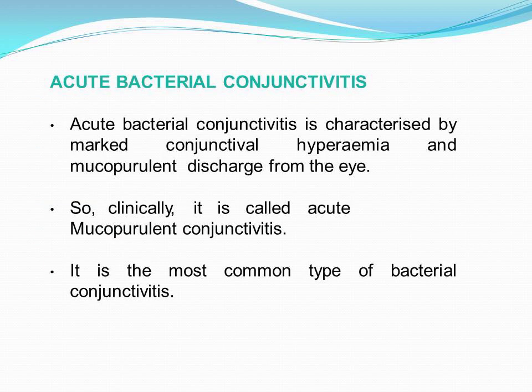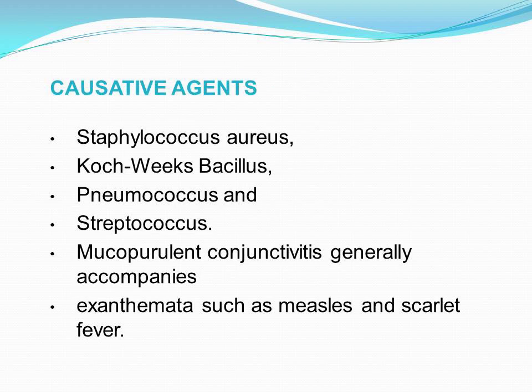Then the acute mucopurulent conjunctivitis. It is the most common type of bacterial conjunctivitis. It is characterized by marked conjunctival hyperemia and mucopurulent discharge. These are the organisms causing acute mucopurulent conjunctivitis.